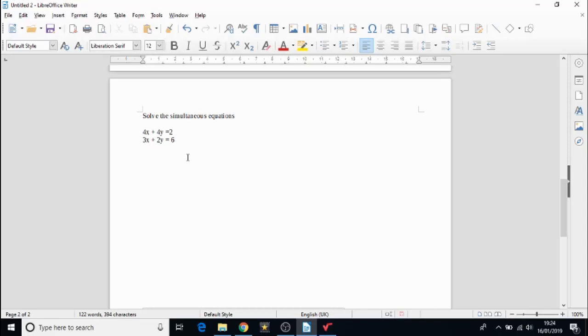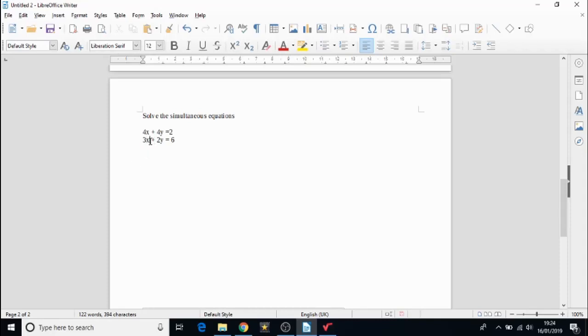Therefore, you have to find a factor in both unknown quantities. So let's look at the coefficients for x in both equations, 4 and 3. Now you can see they don't have any common factors. They're not even factors of each other.